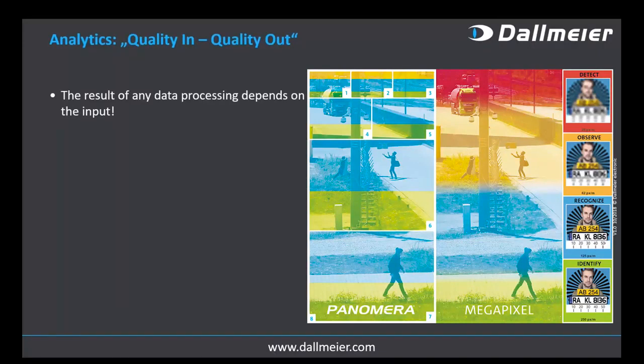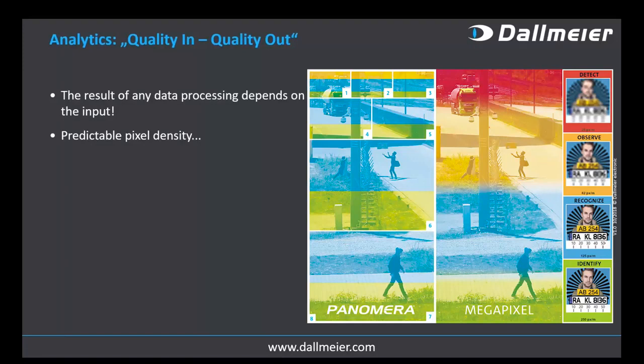There is a very basic theorem coming from IT, database operations, programming, informatics, and so on, that basically says the output of a data processing system can only be as good as the input of data you put in there. So quality in means quality out, garbage in means garbage out.